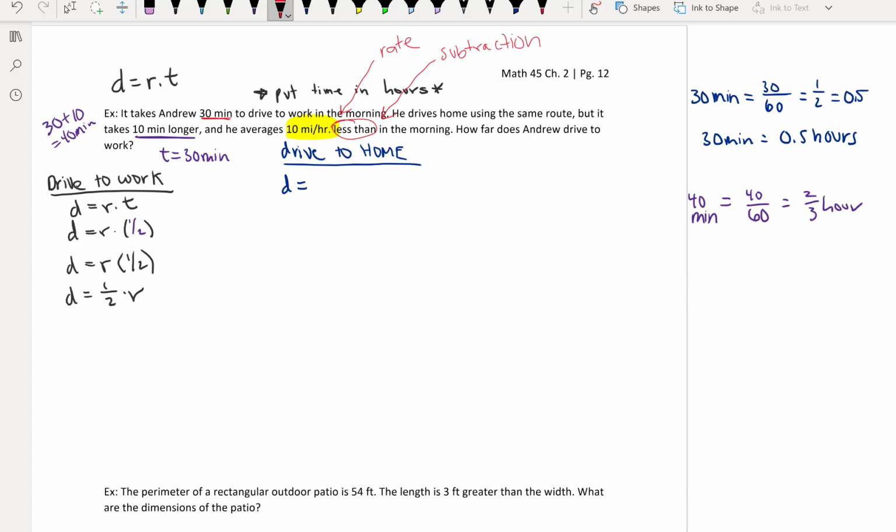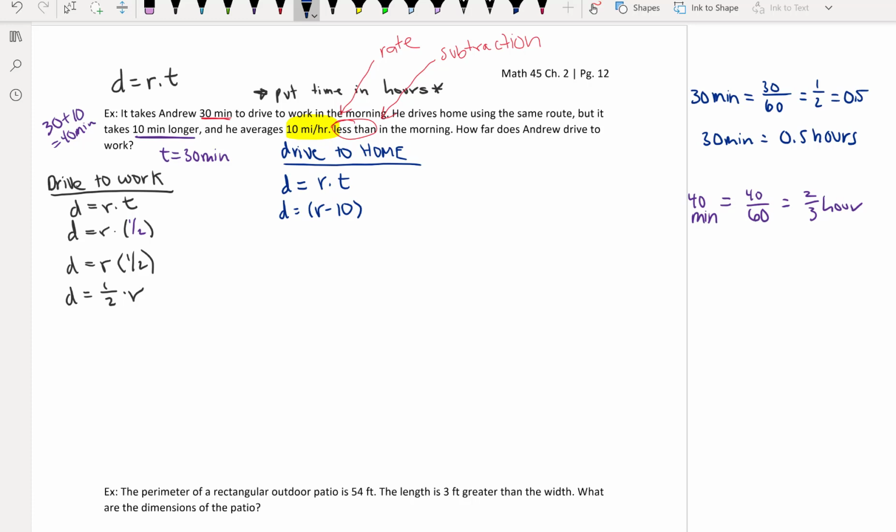So I know that distance is equal to rate times time. And in this case, my rate is 10 miles per hour slower. So my rate is slower. So I'm going to say that my rate is r minus 10. And also, I have my time.